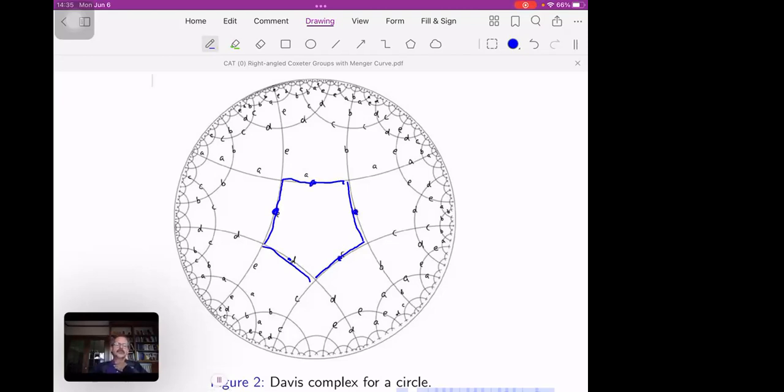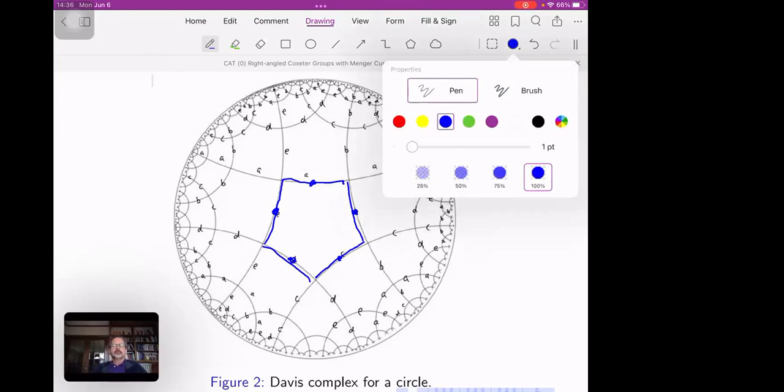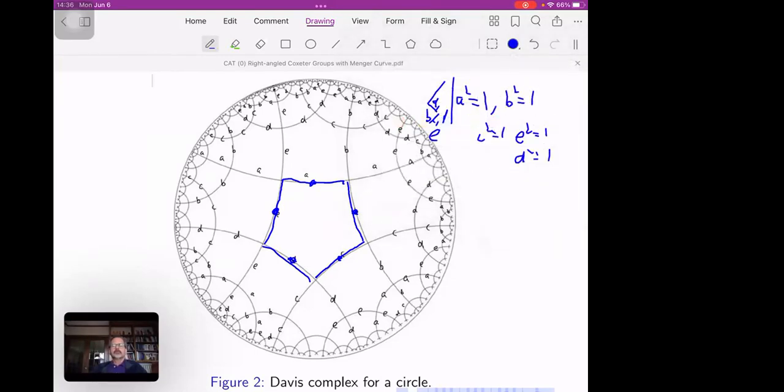For each vertex, we require a squared, b squared, c squared, d squared, e squared equal 1. This is the relation, and the relator is a, b, c, d, e. And then the relation is like ab equals ba, and we require this for any adjacent vertices.